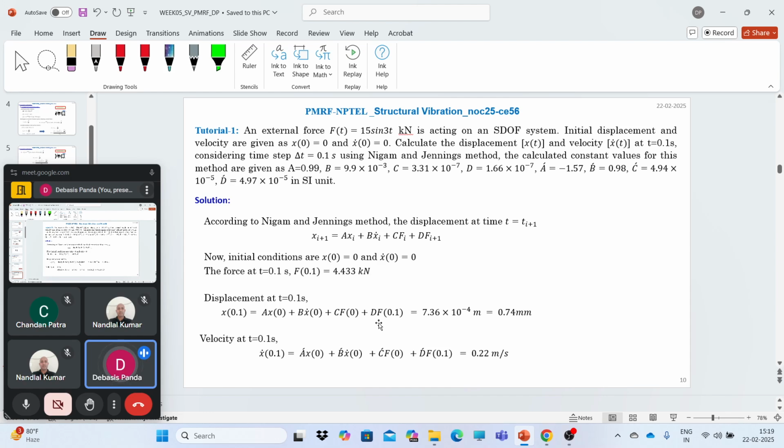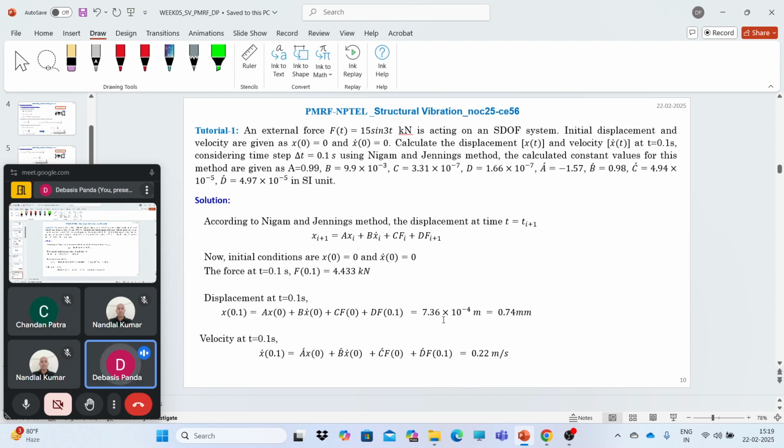The value of D is already given here, 1.66 into 10 to the power minus 7, multiplied by the force at t equals 0.1 second, already calculated as 4.433 kilonewton. Now if we calculate it, we get the displacement at t equals 0.1 second. That comes as 0.74 mm.